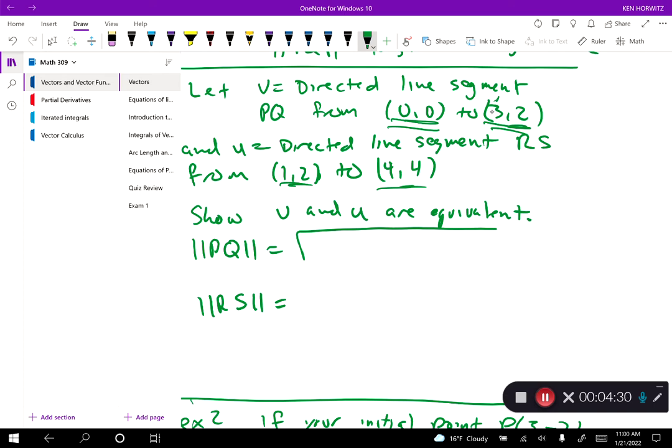So the final x-coordinate is 3 minus our initial x-coordinate 0. I'm going to square it, and I'm going to add it to the final y-coordinate, which is 2, minus the initial y-coordinate, which is 0, and I'm going to square it. This is the exact same thing as the distance formula you've learned before.